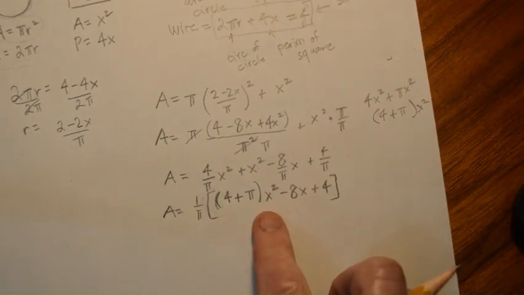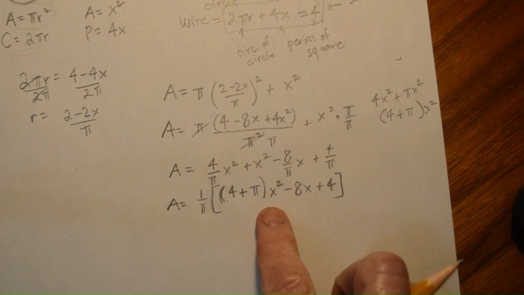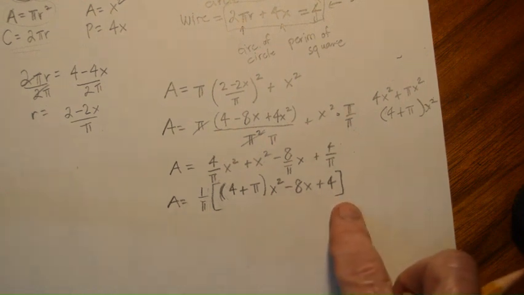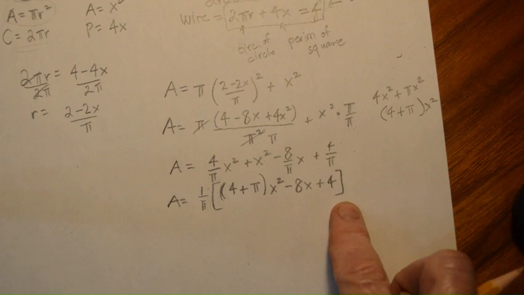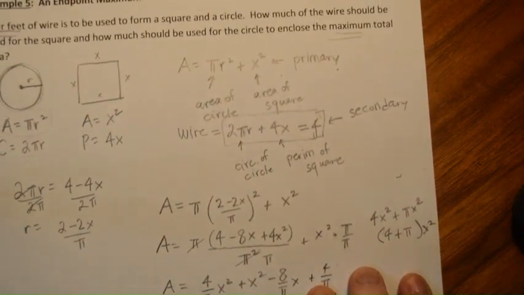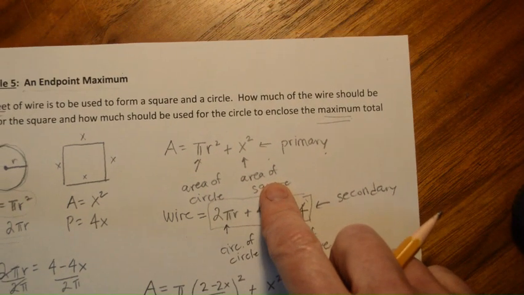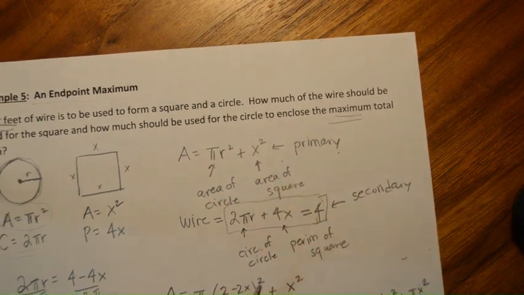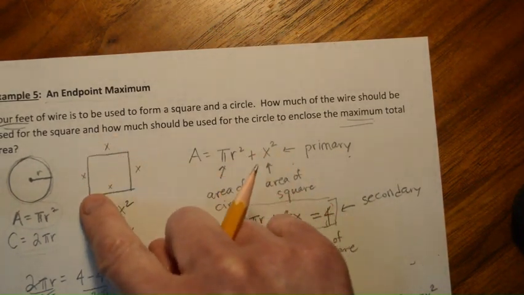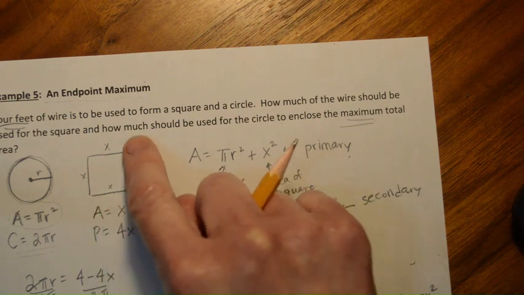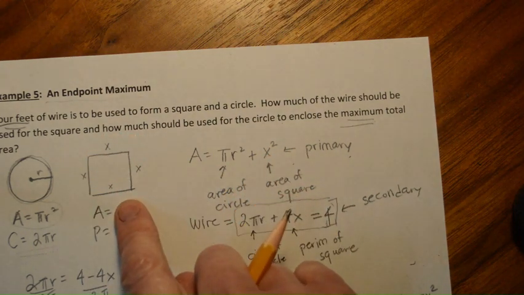Okay, so then let's go through and say what the domain of this is, right? And so we would say, well, if we come back up here, then again, if I used all of the wire for this, again, we're thinking extremes.